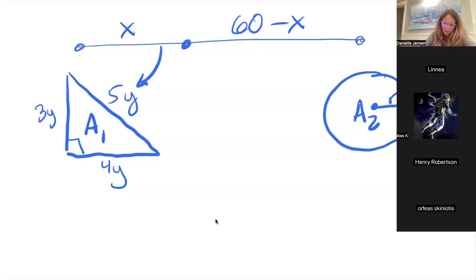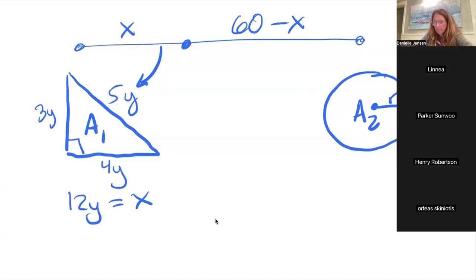So if I'm putting X to the triangle, that means adding up the different side lengths, the relationship between Y and X is 12Y equals X. Right? Just want to make sure people are with me.